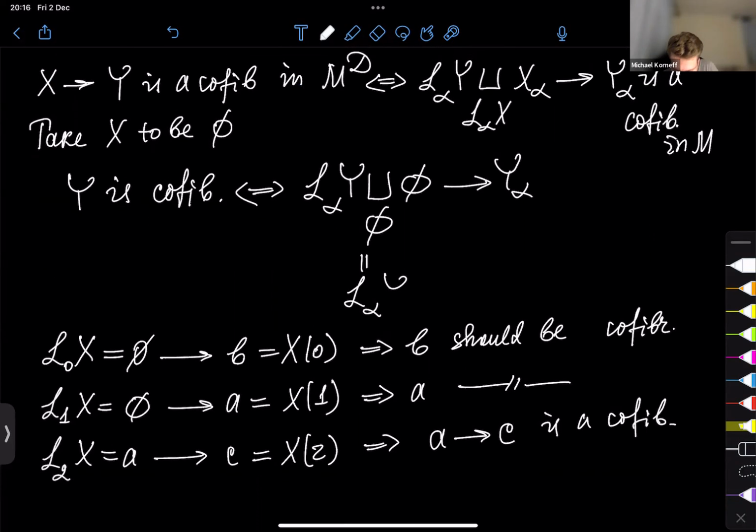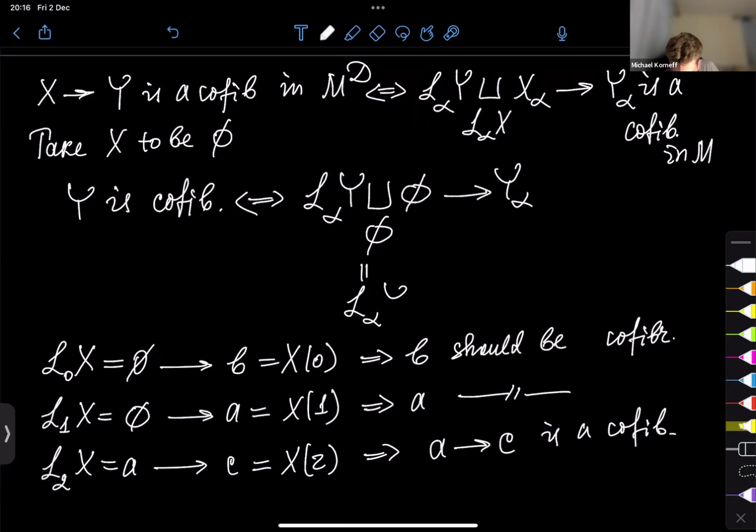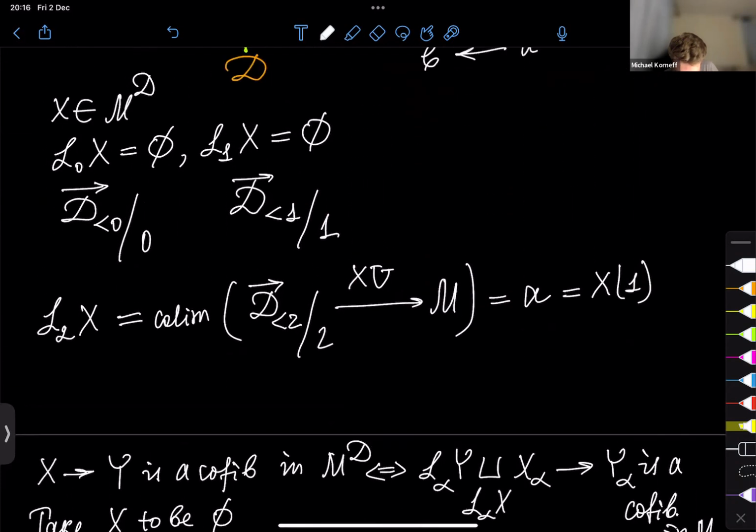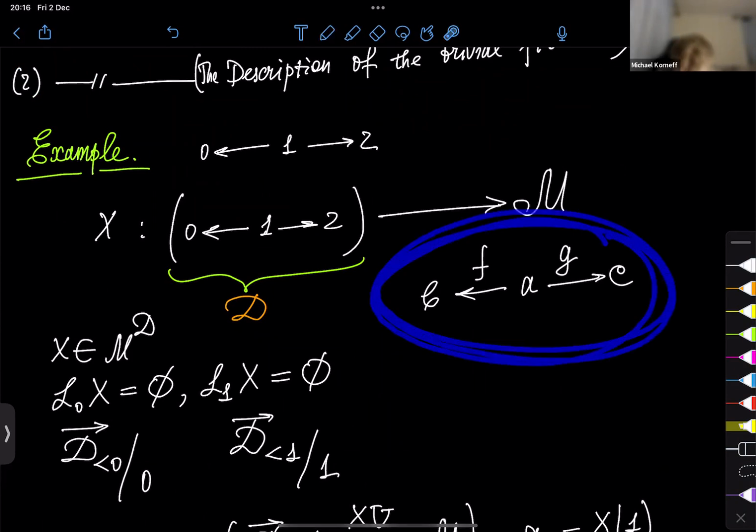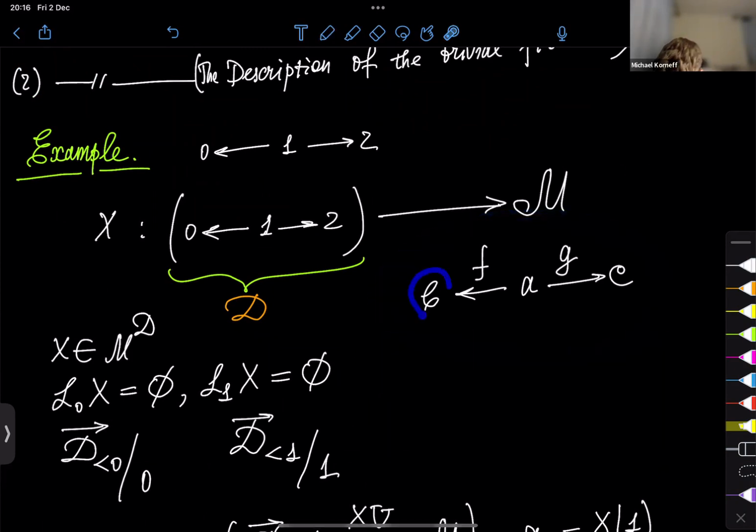Okay, and it implies that this diagram is cofibrant if these objects are cofibrant, and also this map is a cofibration.